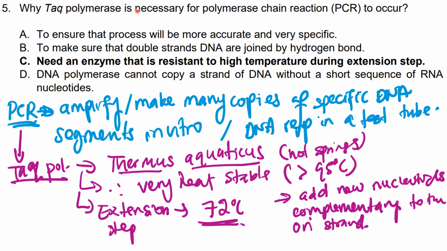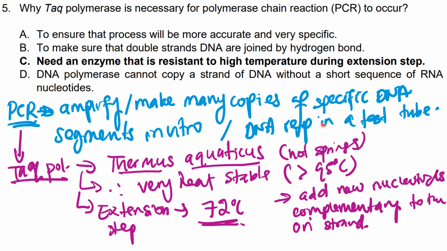Why is Taq polymerase necessary for polymerase chain reaction (PCR) to occur? So you need to understand what PCR actually is. PCR is a method or a technique used to amplify or make many copies of specific DNA segments in vitro, or replication of DNA in a test tube.